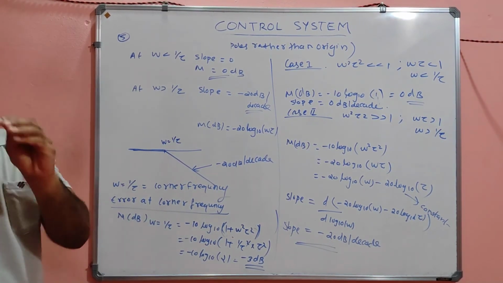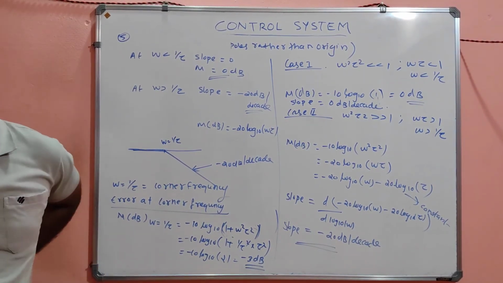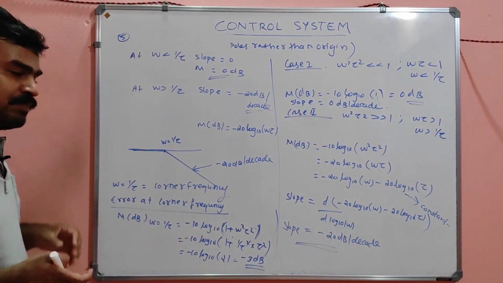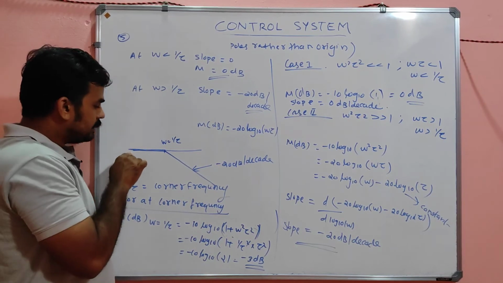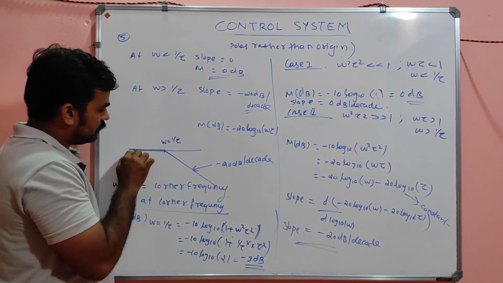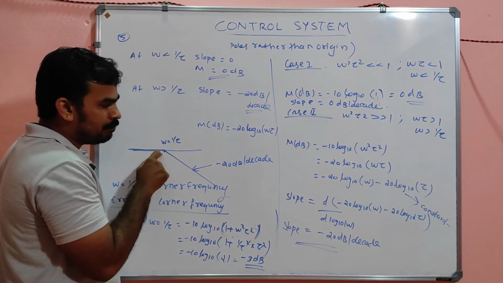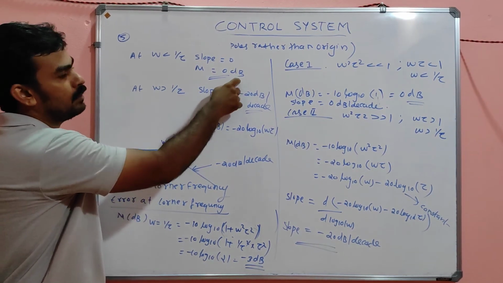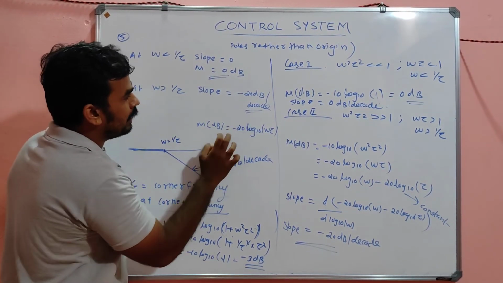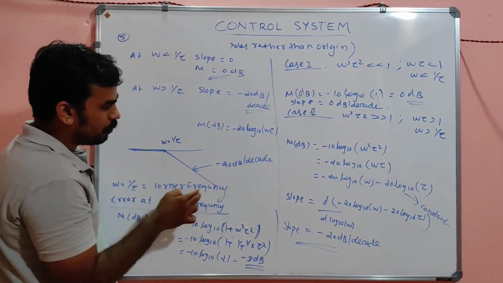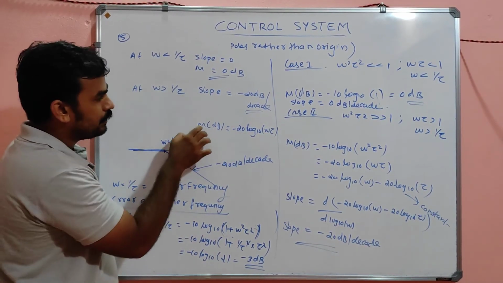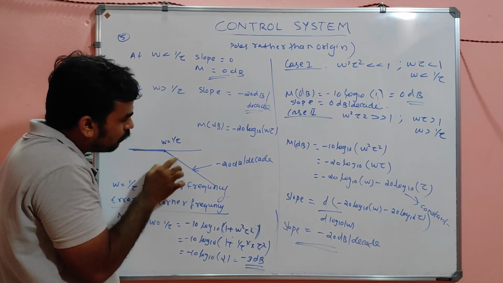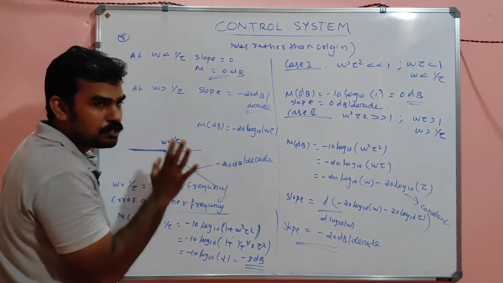What is the meaning of this step? Here the magnitude is directly 0. At greater than this point, the magnitude always follows minus 20 log 10 to the base omega tau.